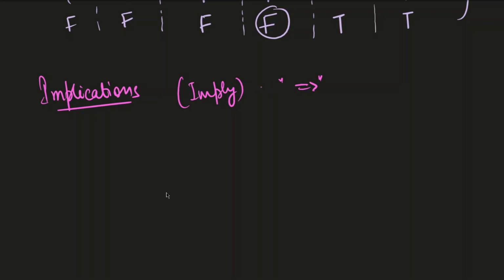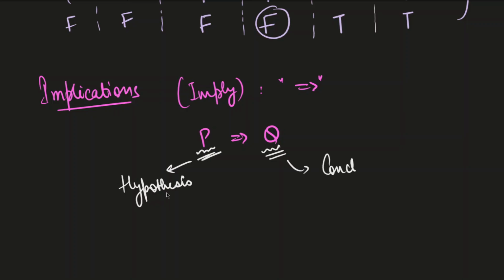When you think of an implication, if I say that P implies Q, this basically means that this happens, and then as a result this happens. Here P is always going to be our hypothesis. This is just standard notation. And this is your conclusion. So your hypothesis leads to a certain conclusion.